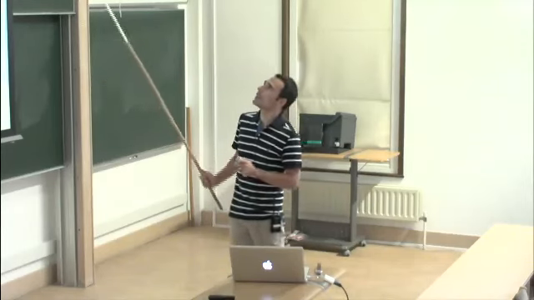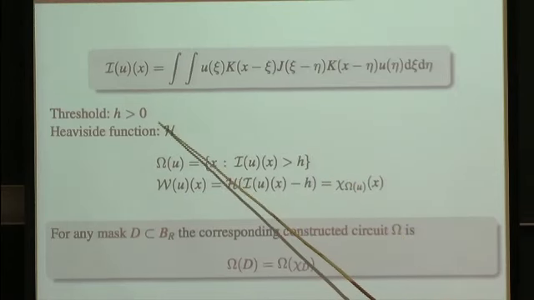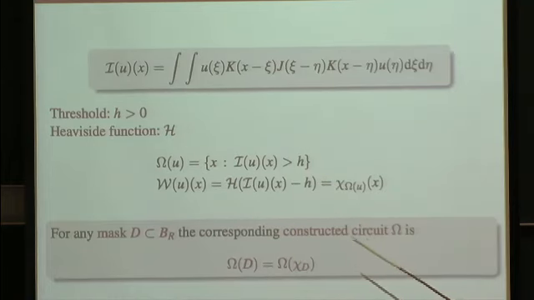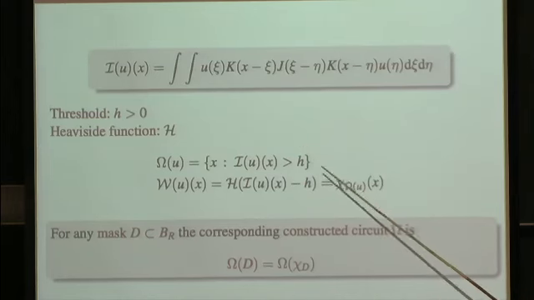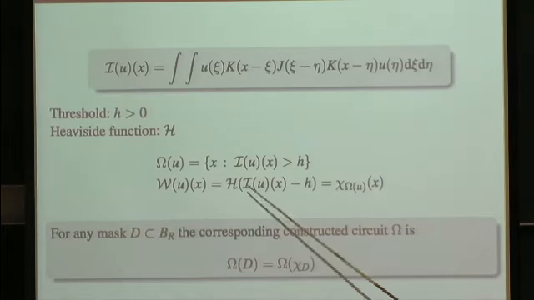Okay. So what is the idea? Well, you have this intensity. The threshold, depending on the material, is given by this h, and then you take the region where the intensity is beyond this h, and you can read it also in terms of the characteristic function of this set omega of u, which is simply the Heaviside function applied to the intensity minus h.